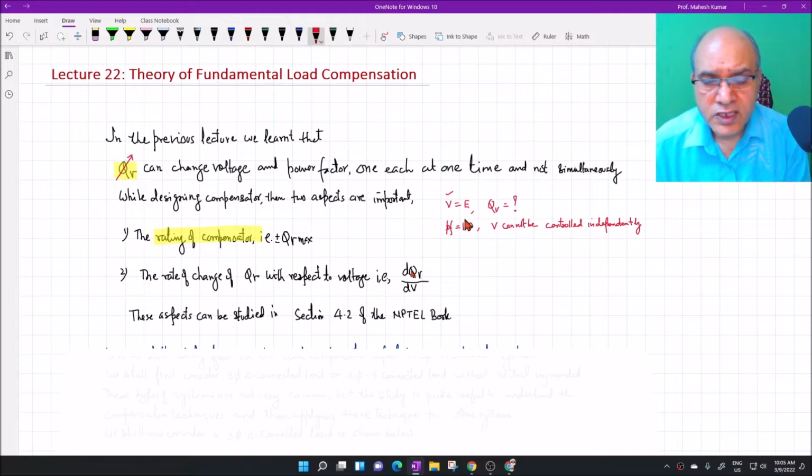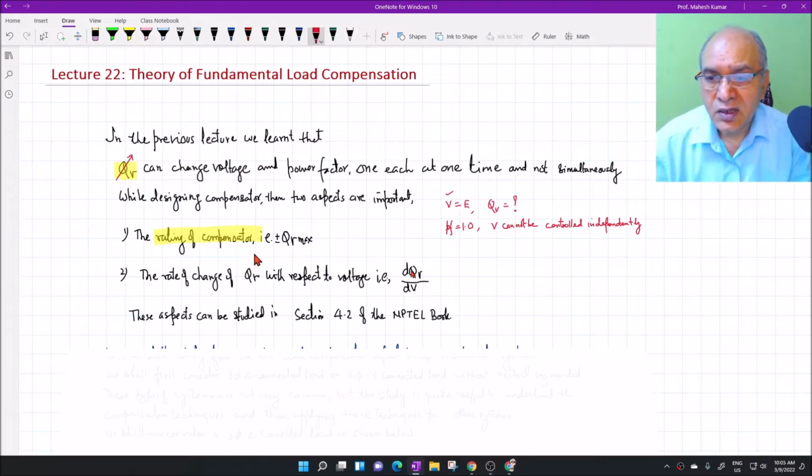Now, there are two aspects for the compensator. Number one, what should be the value of Q gamma for which the compensator has to be designed, and second, what must be the rate of change of reactive power of the compensator with respect to the voltage.